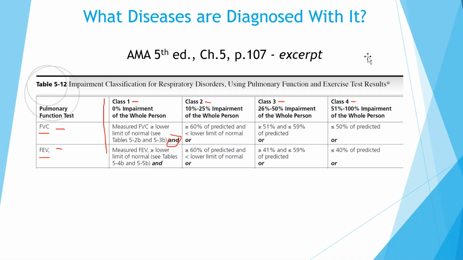And so that could be either FVC, for instance, but maybe your FVC is a class 2, your FEV1 is a class 3. Well, you can certainly assign and should assign the class 3 because the injured individual always gets the benefit of the higher rating when there's an option. And so these two values, they can be slightly different in their severity, and they rate independently as we go across the table.